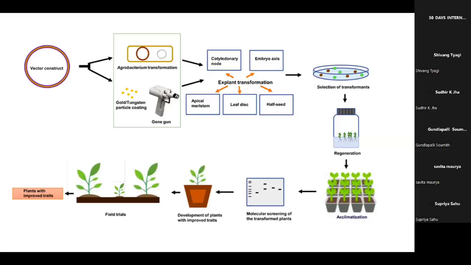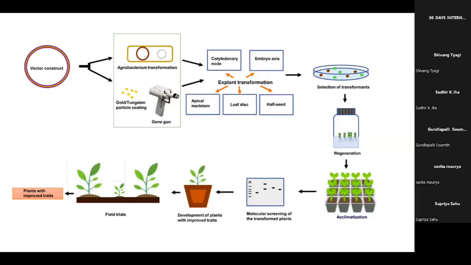What happens is we transform these explants using any of these methods, and after transformation, we give the selection pressure. Now, the selection pressure depends on what we did while inserting the gene into the vector construct: either we have inserted some gene which provides resistance to some antibiotics, or we have given a gene which will give some colorimetric or color effect if it has been transformed.